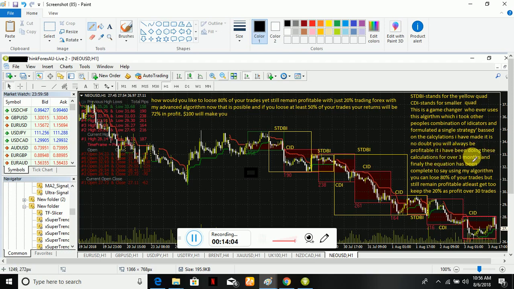I have been doing these calculations for over 3 months and finally the equation has been completed, to say that using my algorithm you can lose 80% of your trades but still remain profitable, at least get to keep the 20% as profit over 30 trades.